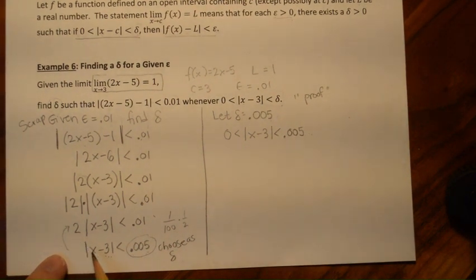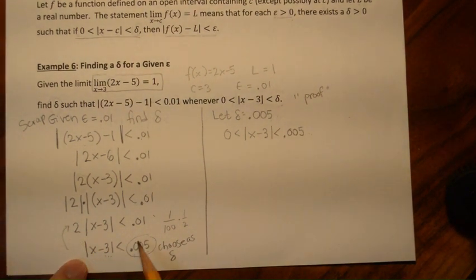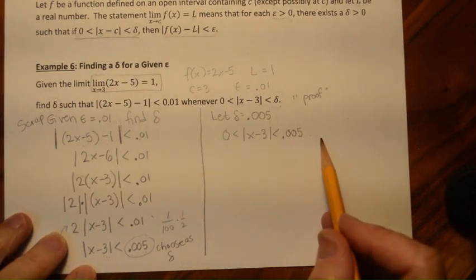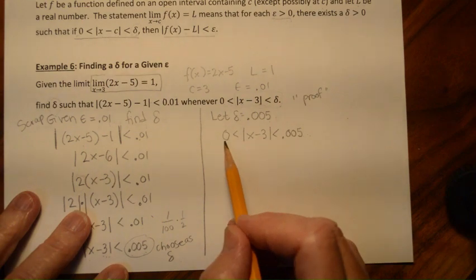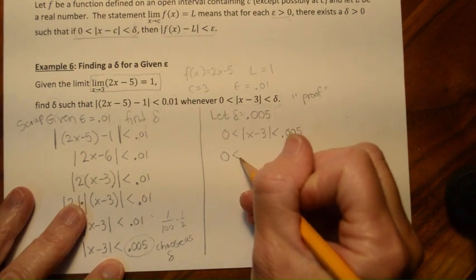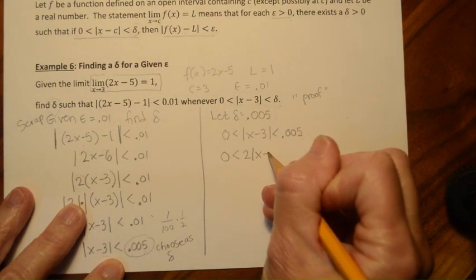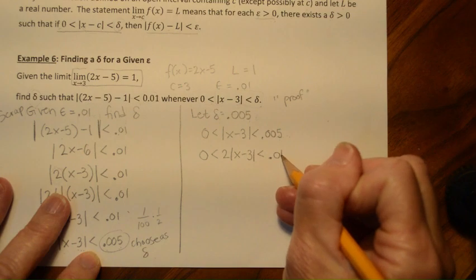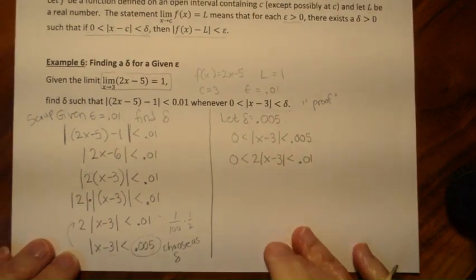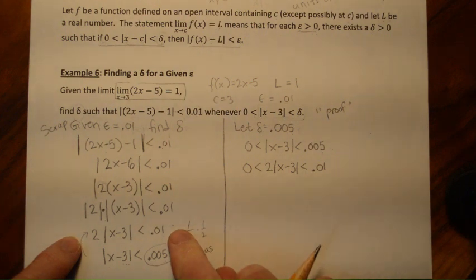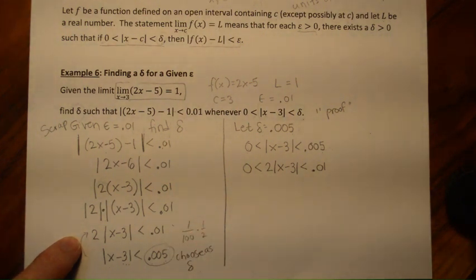Well, to get to this point right here, we divided both sides by 2. So now let's just multiply everything by 2. That means multiplying 0 by 2, which doesn't do anything, multiplying this by 2, and multiplying this by 2, which is going to give us 0.01. Then we think, how did I get from here to here, and I'm just going to do the reverse.